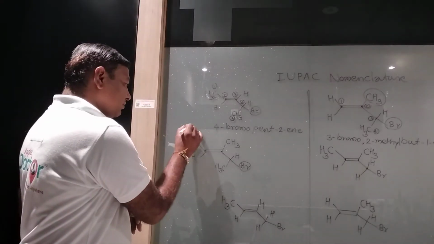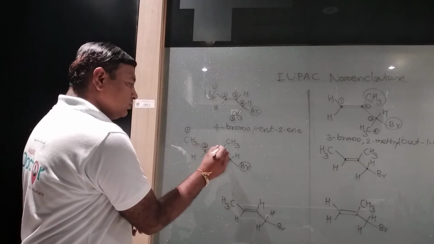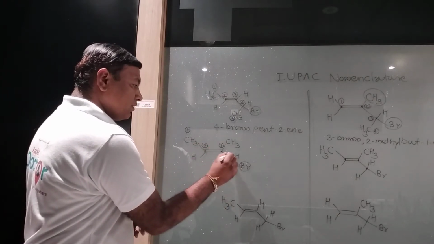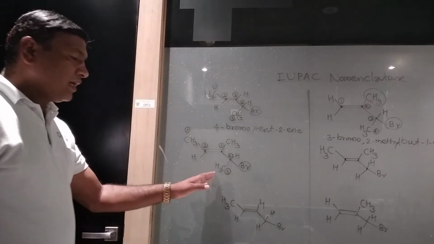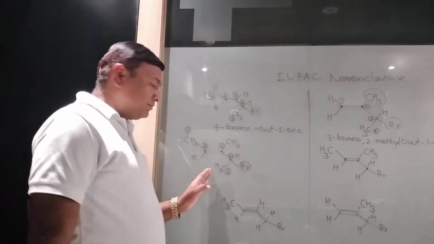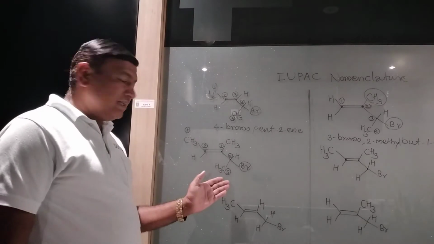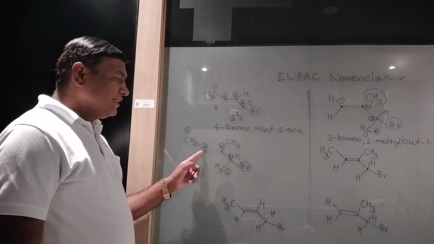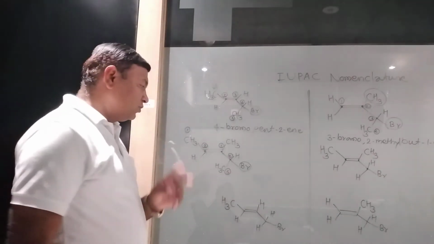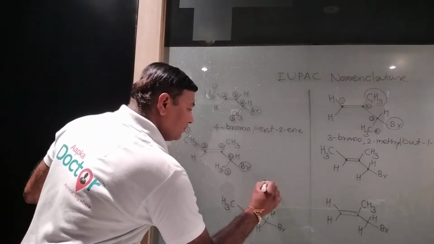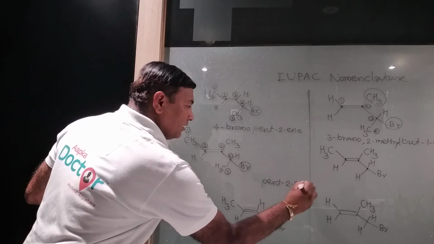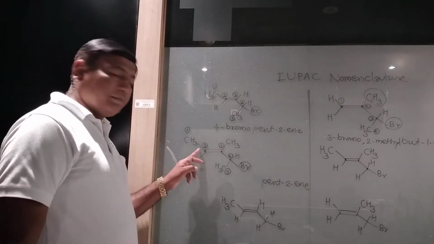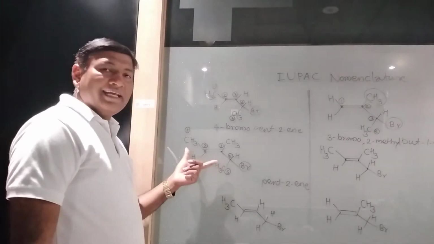So preference is from here, 1, 2, 3, 4, and 5. A 5 carbon alkane is pentane. We write pentene, and the double bond is in position 2. So like before, pent-2-ene is the parent alkene.